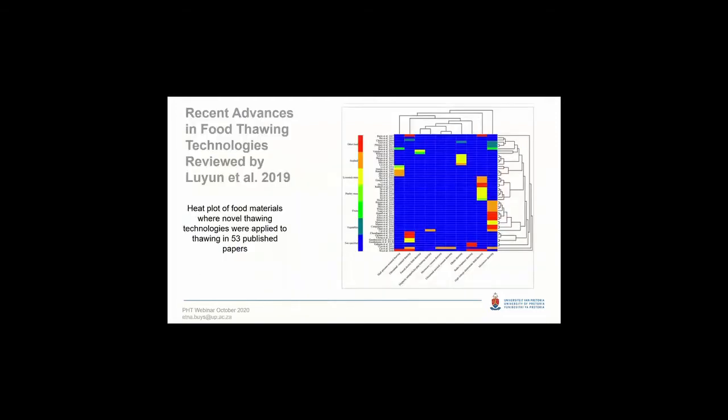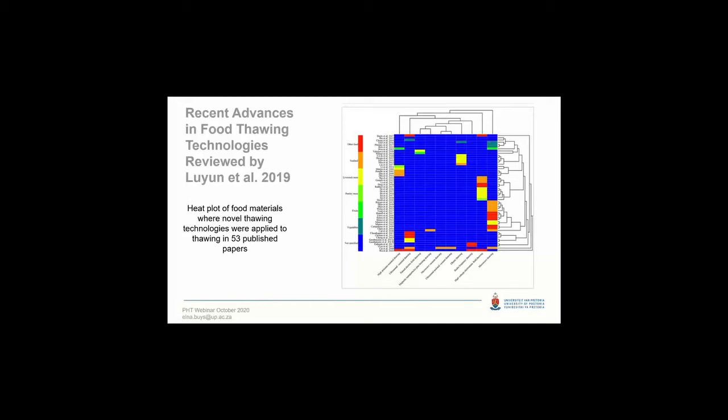I found this interesting review on food thawing technologies, and it's open source online. I thought I'd just sensitize you to this, so that if you are interested in food thawing technologies, you can just look for it, download it and read it.